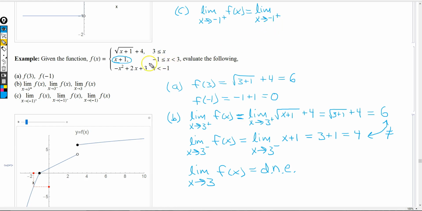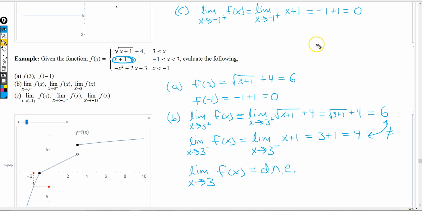So once again, we will want to be using the middle part of the function, because when x is a little bigger than -1, we should be using this one. So it's going to be x plus 1. Now I can just plug the -1 in here for x, and that is equal to 0.